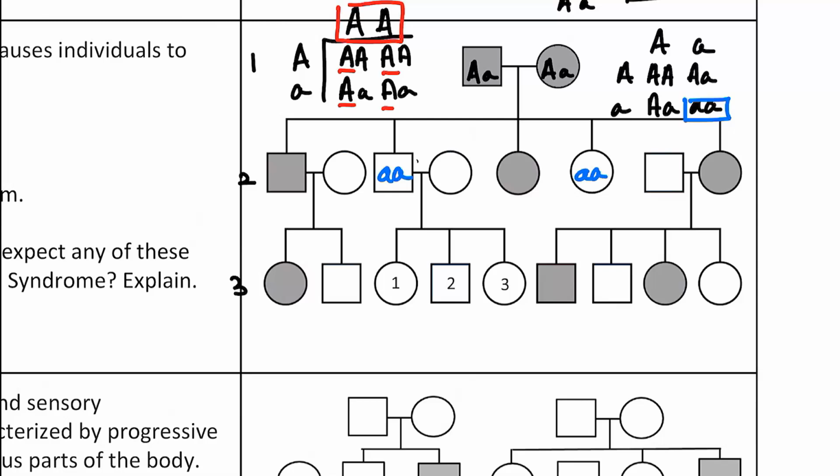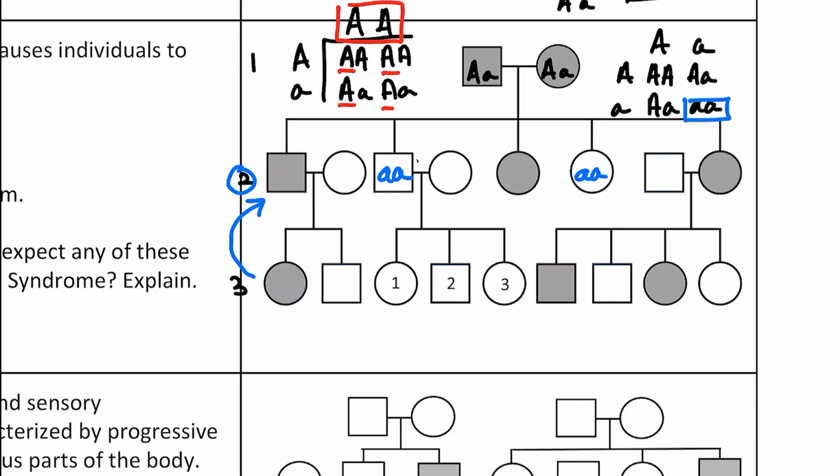All right. Could one of the shaded ones be? Sure, but let's see what happens. We're always going to look at the children to figure out upstream. So the darkened individual next to the second generation could be either homozygous dominant or a heterozygote.